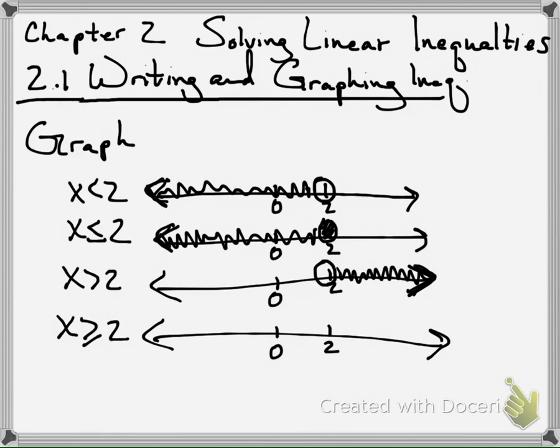And then my last one is kind of the same as before. It's just like that greater than 2, except it also includes the 2, because that's greater than or equal to 2. So that's just how we graph all of these inequalities.